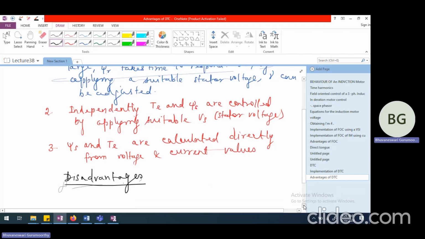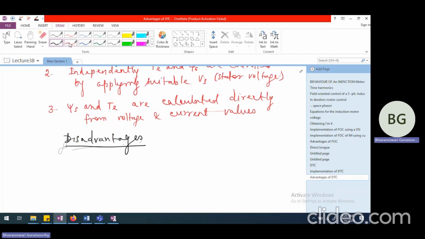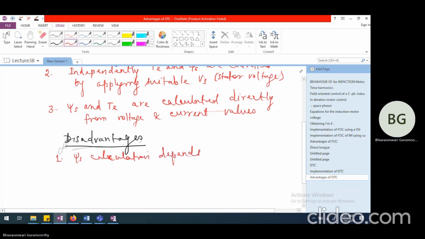One of the major disadvantages of direct torque control is psi s calculation depends upon resistance RS value.